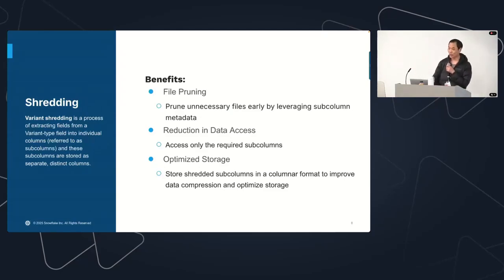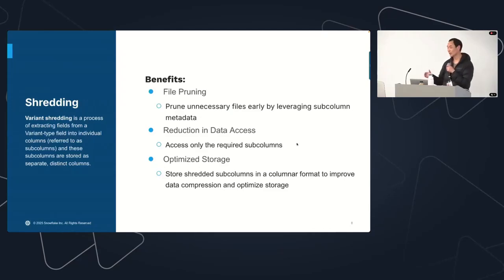Also, because we extracted the subcolumns, when we try to access a subfield, you don't have to access the whole variant data. We just access the subfield column. So that reduces the data access.